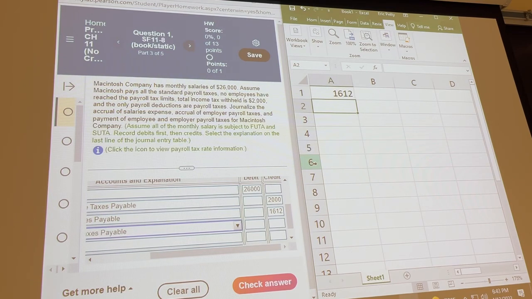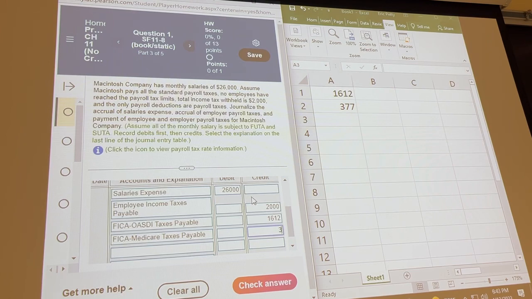So 26,000 times 1.45% would be $377. And those should be all of the deductions.